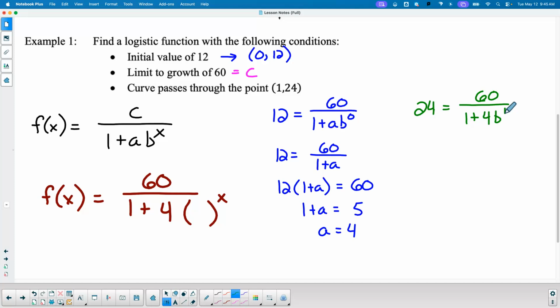Well, that's just 24 equals 60 over 1 plus 4b. Do what and do what? 1 plus 4b.